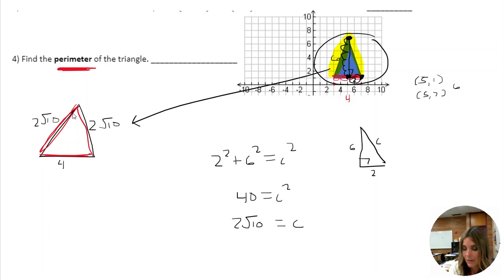So when I put that in the calculator, 2 second square root 10, arrow over, plus 4, plus 2 second square root 10, arrow over, I get 4 root 10 plus 4. And if I hit the arrows to do an approximation, which some of you did, it would be 16.6 if I round to the tenths.